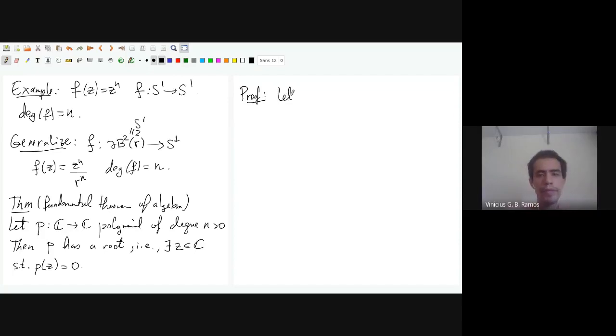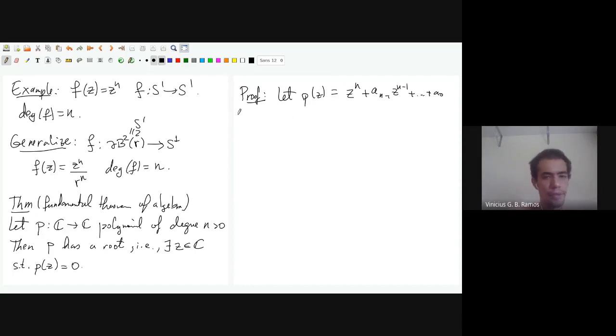So let's write the polynomial like this. P of z is z to the n plus a n minus 1, z to the n minus 1, etc. plus a0. I'm just going to assume that the coefficient in front of z to the n is 1, but clearly, if it's true for polynomials of this form, it's true for all polynomials, because you can just divide by the leading term.